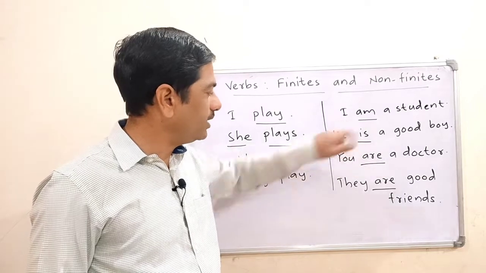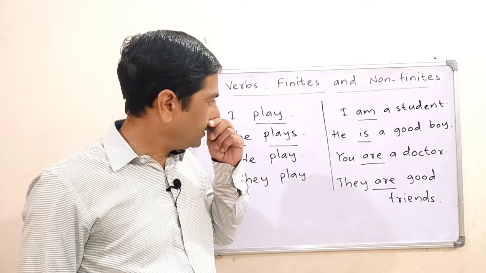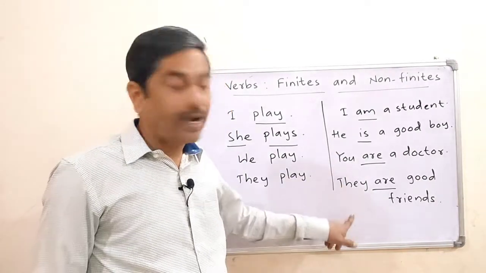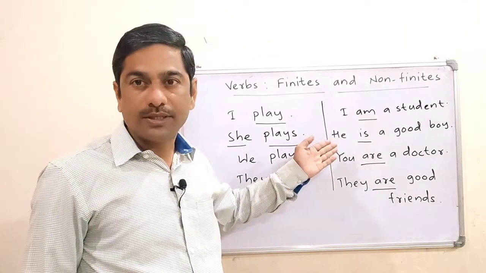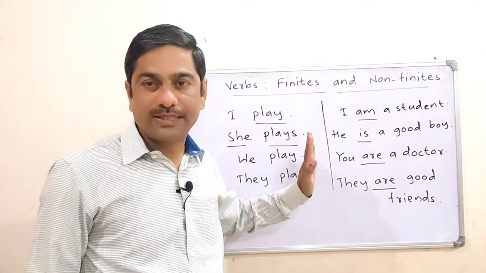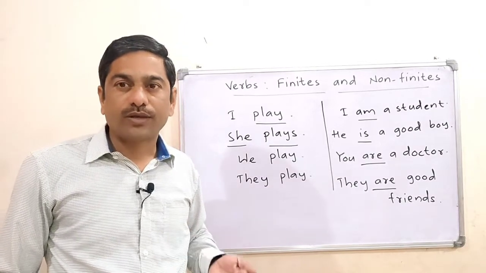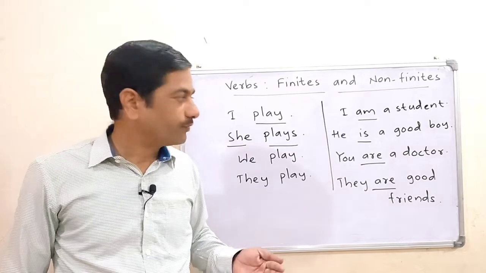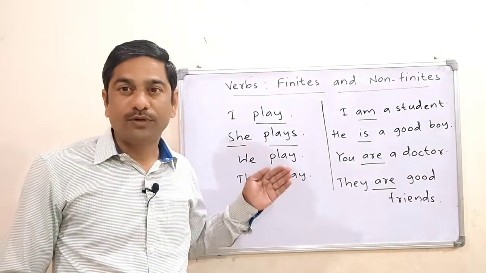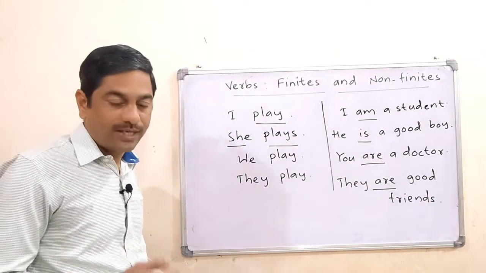In place of I, here I is singular, and he is also singular, but you and they are plural. Here we are changing the number as well as person, first person, second person, third person. So when you change the number or when you change the person, we have to make use of different forms of the verbs. I will write here a few more sentences so that you will understand better.